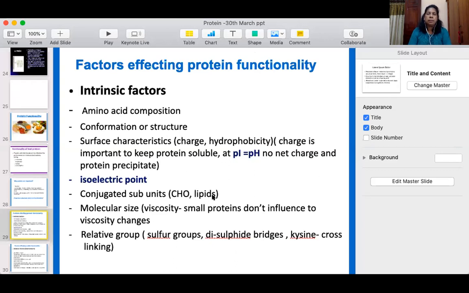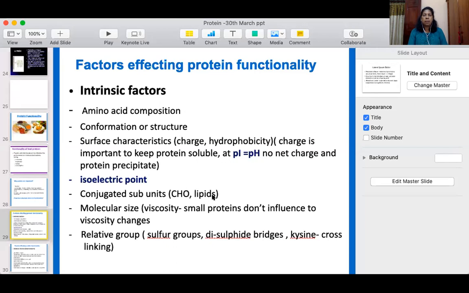Next one is reactive groups: sulfur groups, disulfide bridges, cysteine cross-linkage, the different groups that are there. The reactive groups of the amino acid, or reactive groups of the protein, we are talking about here as the intrinsic factors of the protein. As a molecule, what kind of factors are there to affect protein functionality, right?